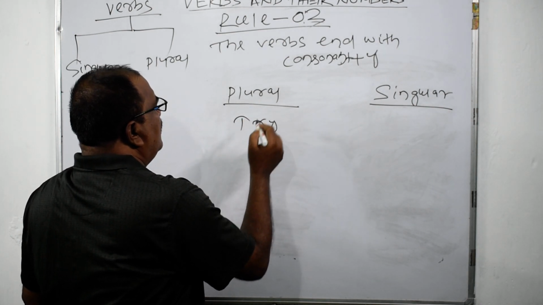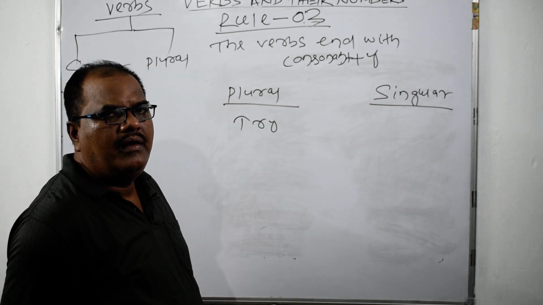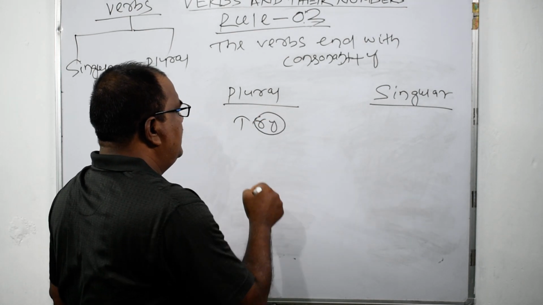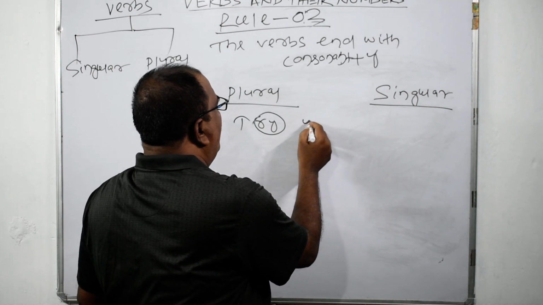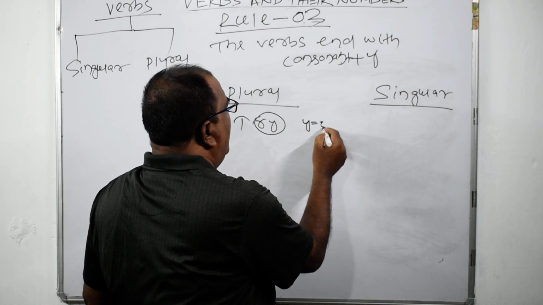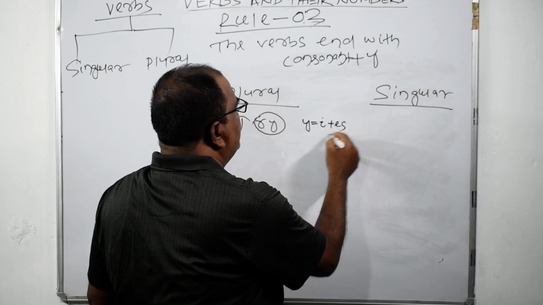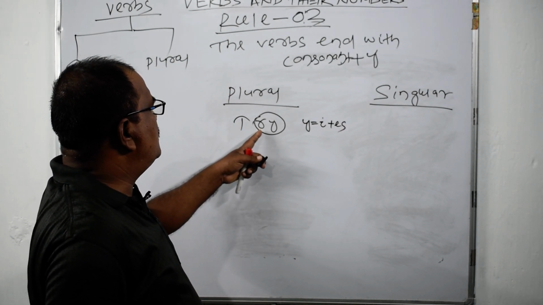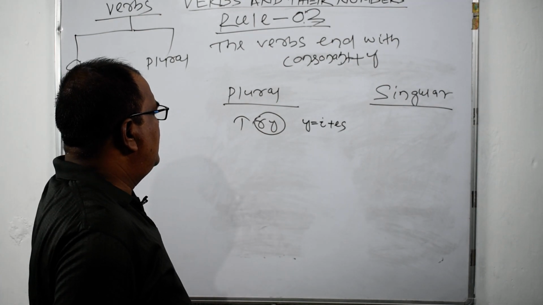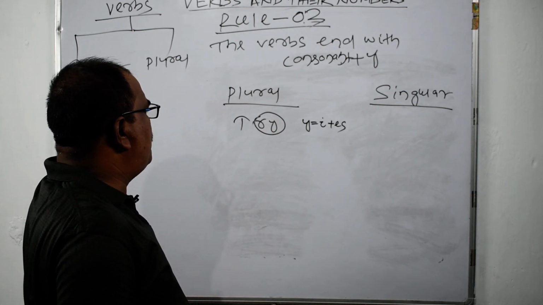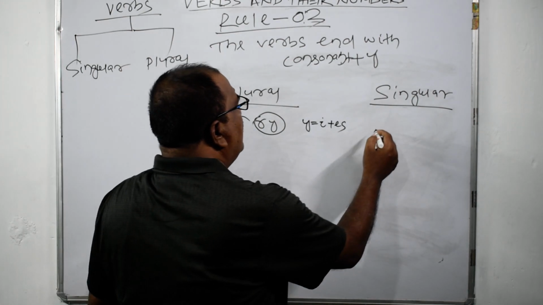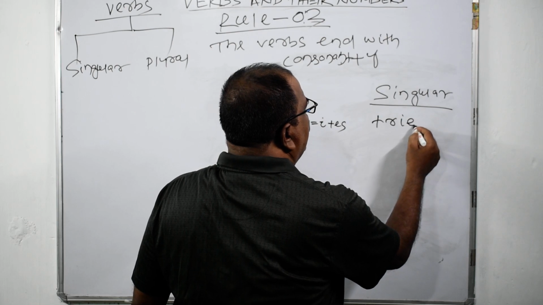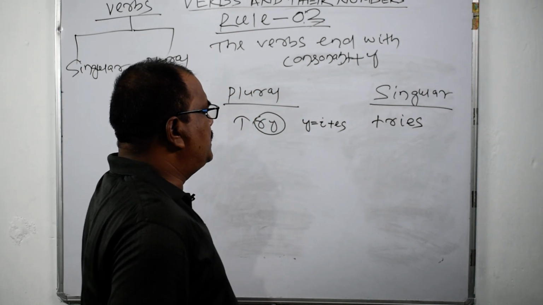Try. Look at the verb. It ends with a consonant R and Y. In this case, Y becomes I plus ES. It means when the verb ends with a consonant and Y, at the time of changing its plural form to singular form, y becomes I, then es is added to it.